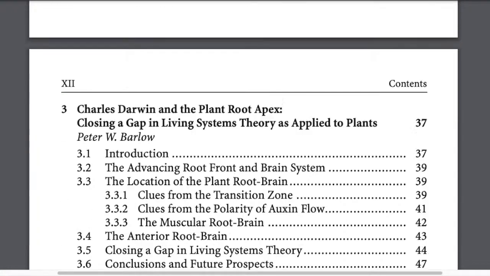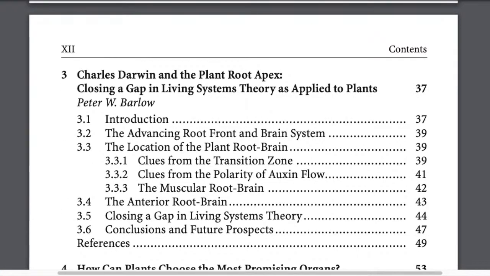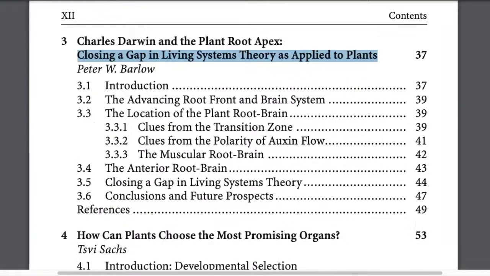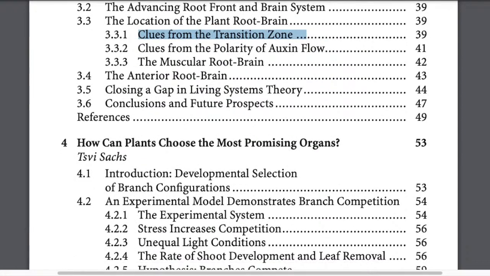There are some interesting studies in here. There are going to be explicit ones here. We have Charles Darwin and the plant root apex, closing a gap in living systems theory as it applies to plants. Okay. Advancing the root front and brain system, the plant root brain, clues in the transition zone. So this has some pretty interesting parts to it.